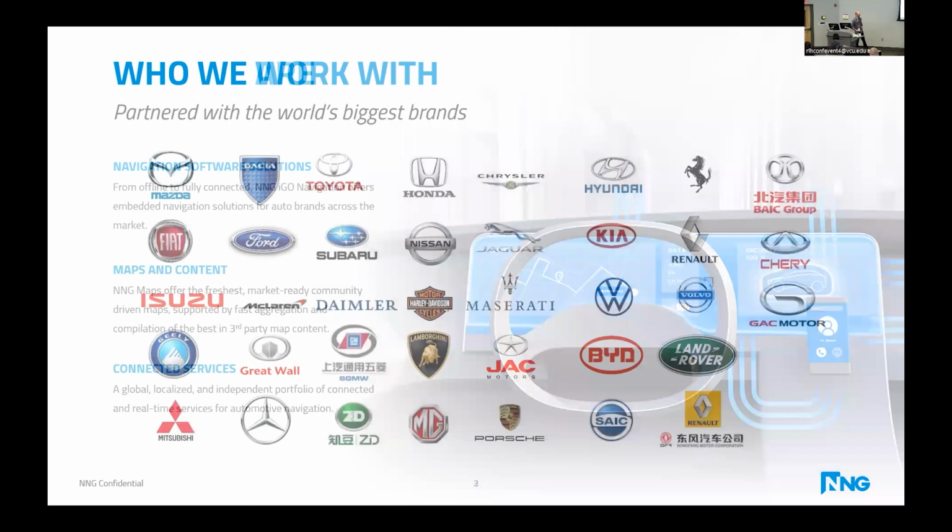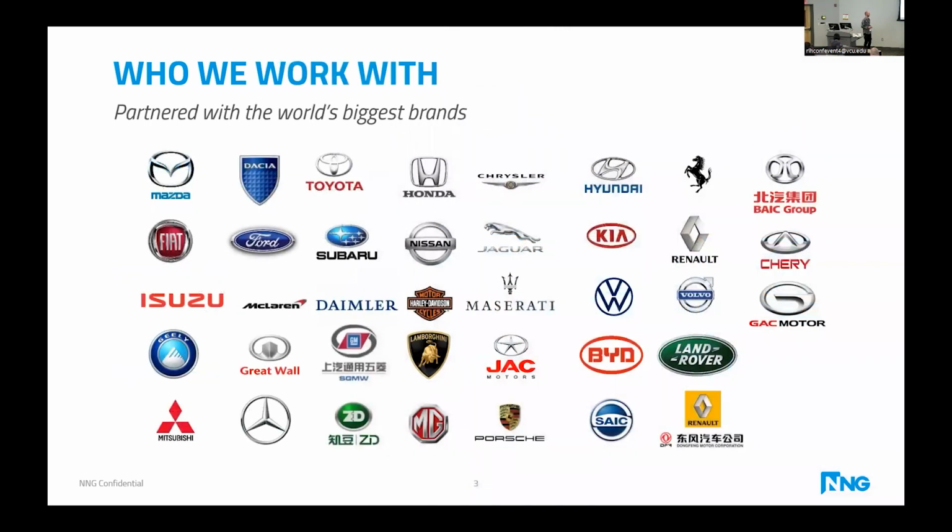We work together with most of the global brands, and as we hear from them, they are not only looking for quality solutions, but they would also like to have cost-effective solutions with the maps that they have in their cars and vehicles. That's exactly the reason why I'm here today, because OSM has the maturity for turn-by-turn navigation.